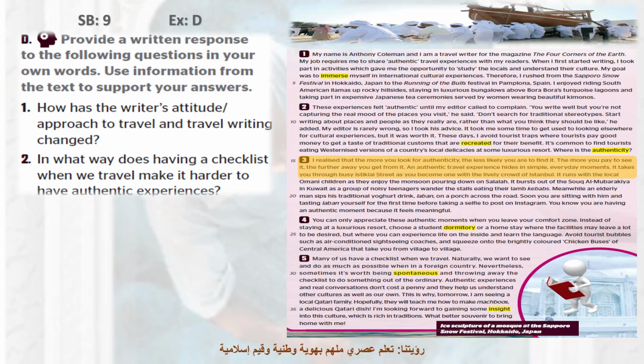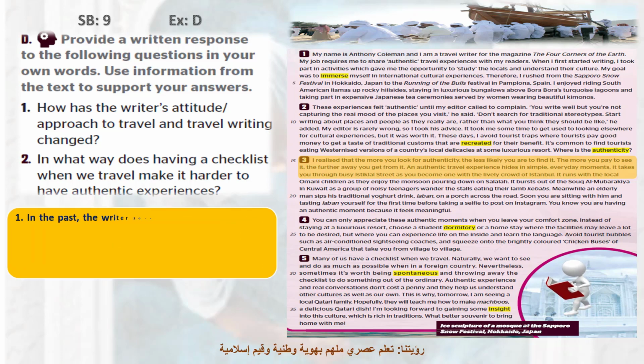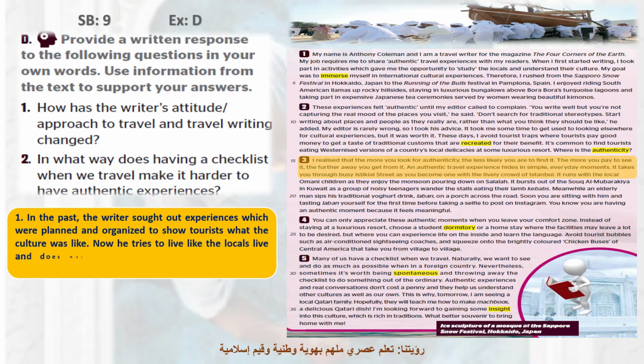Of course, in the exam, we have to divide this answer into 2 parts in the table. In the first part, we provide the answer of how has the writer's attitude changed. And in the second part, we give the evidence from the text. Here the answer is, in the past, the writer sought out experiences which were planned and organized to show tourists what the culture was like.